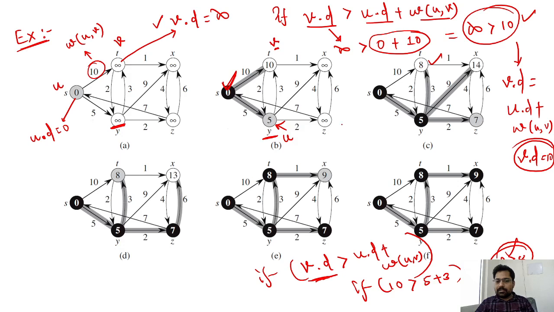So infinity is greater than, the distance here is 5 and the edge it is connected with is 2. So infinity is greater than 7. If yes, then update that as the value which you got, as 7. So here they have updated it, and since we have done its work, no need to update it further, our work is over now. Clear? So we can say we have relaxed the node. Like this, we have relaxed it.